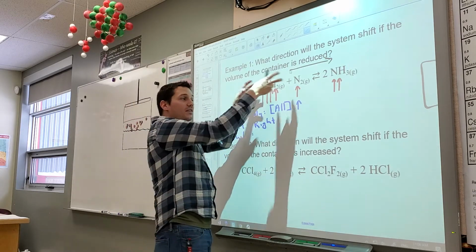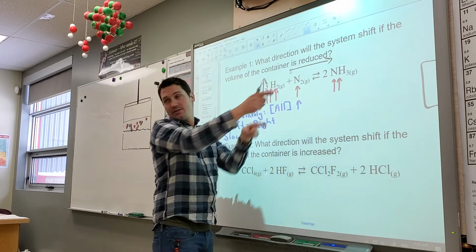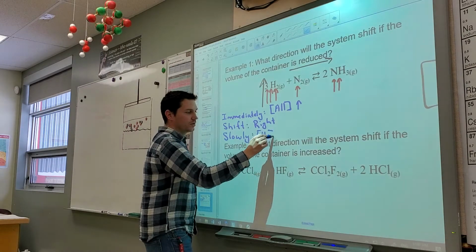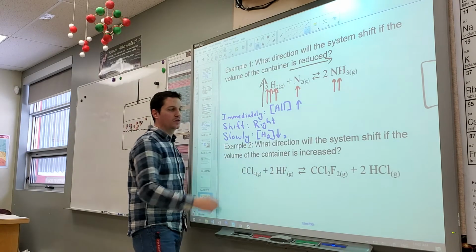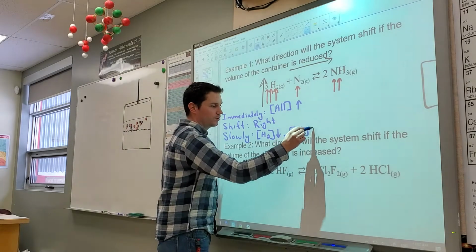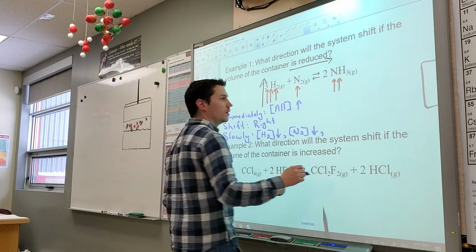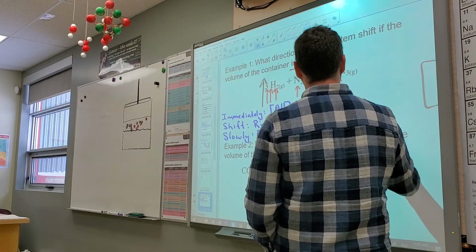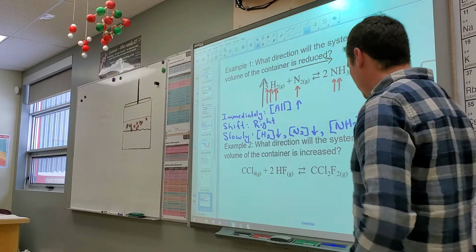We're using this up to make that. So the concentration of H2 will go down. The concentration of N2 will go down. The concentration of NH3 will go up.